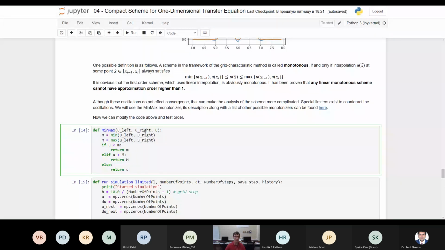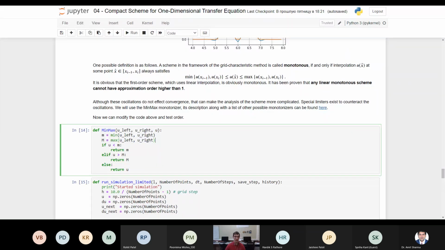So it gets the function value on the left, the function value on the right, and the interpolated value, which we have already interpolated by a certain procedure, maybe of first order, maybe of third order, it doesn't matter. Then we compute the minimum of these two values and the maximum of these two values.